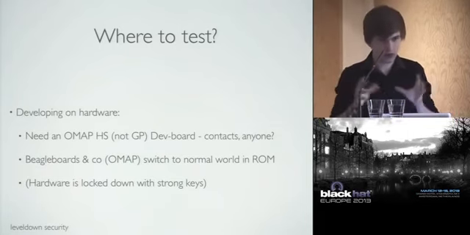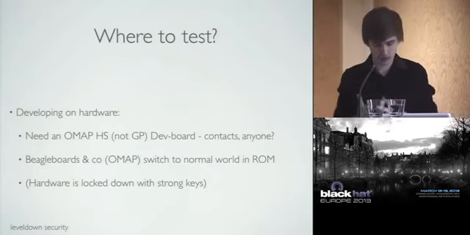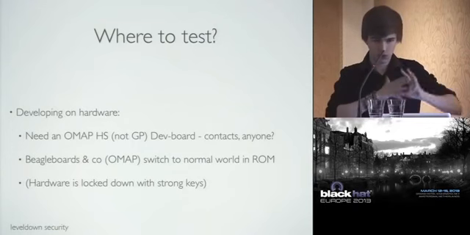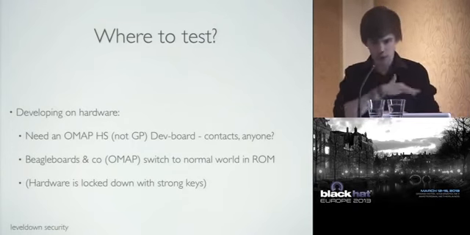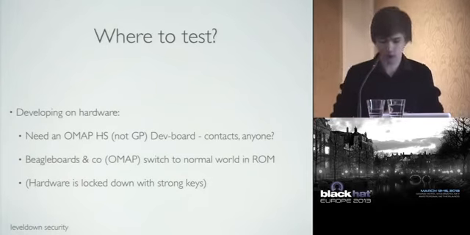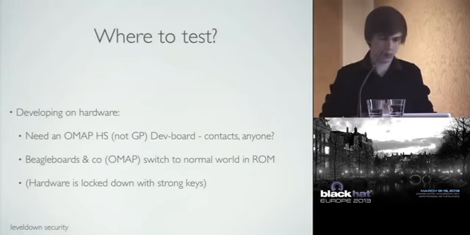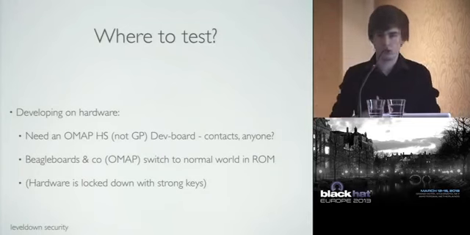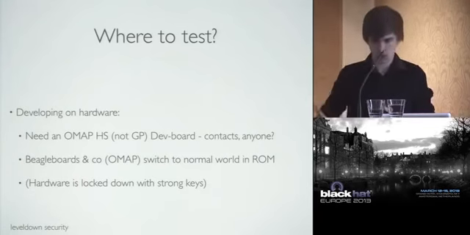Even though both have the same silicon, as far as I know, the general purpose versions switch to the normal world in ROM already. So the ROM locks you entirely out of TrustZone and disables all the stuff connected to it. And in production devices, the hardware is locked down with very strong keys, which are fused into the CPU, which you need to modify some of the stuff, like for the boot chain and so on.